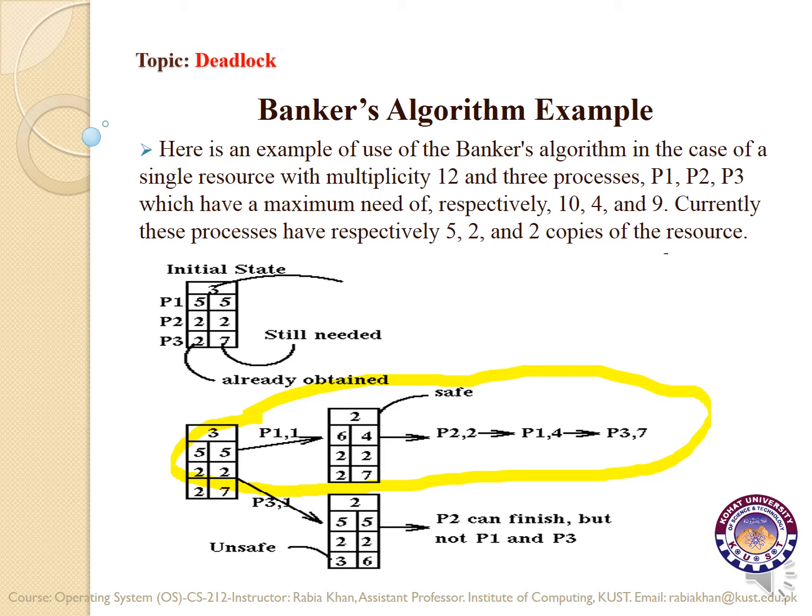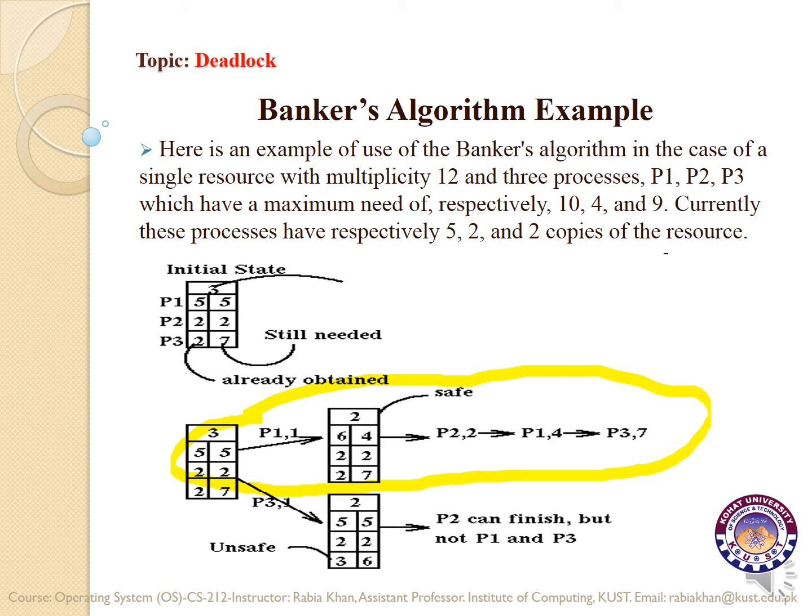If these two remaining instances of resource are assigned to process P2, whose remaining demand is also of 2 instances, all the demands of P2 would be completed, but the system will be left with 0 instances of the resource.